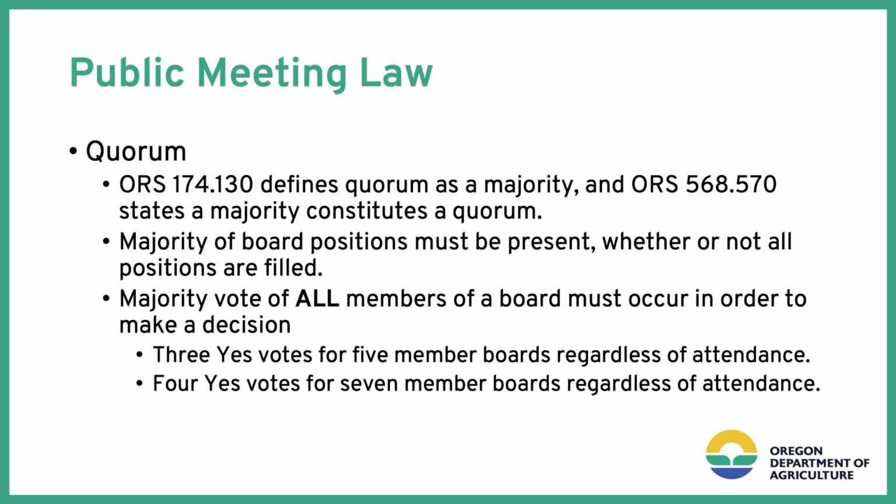And if 2 of them get together, you have a quorum, and therefore you have a public meeting. So please understand that it doesn't matter who you put on these committees, board members, members of the public. Some committees might have no board members at all. They become, in essence, their own boards and have to follow the same laws, as long as they're going to be making recommendations to the board or making decisions on behalf of the board.